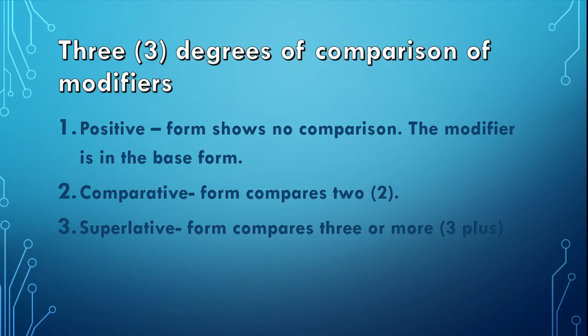Positive form shows no comparison. The modifier is in the base form. Second, comparative form compares two. And the last, superlative form compares 3 or more.